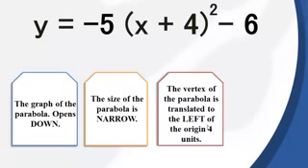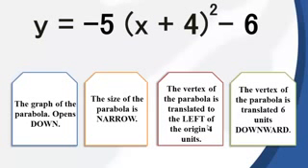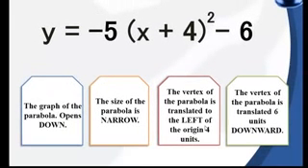And the value of h is actually -4, so it should be translated 4 units to the left from the point of origin. And lastly, the value of k, which will determine the vertex of the parabola, is -6, meaning it should be translated 6 units downward.